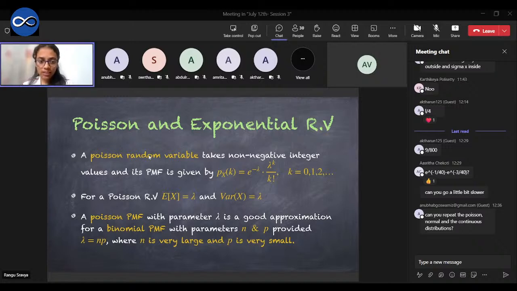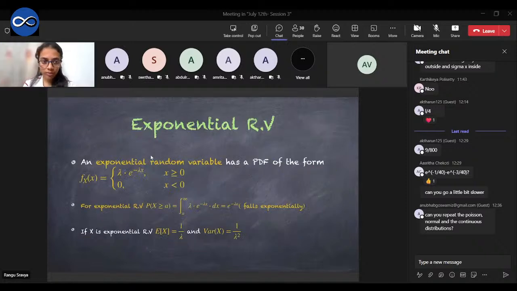In such cases, we can solve it using this PMF by finding lambda equal to np. We can find the lambda value as the product np, and then by using it, you can construct this PMF and find the required things. That is the Poisson random variable.